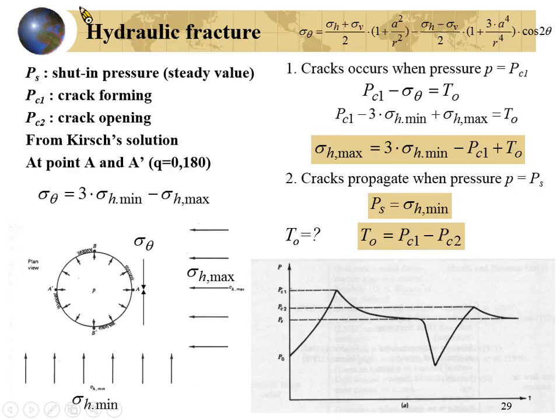If I give you a value, for example, sigma H maxima equals 10 MPa, sigma H minima equals 8 MPa, can you tell me the sigma theta in this case?